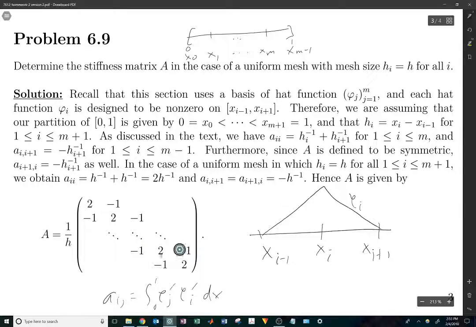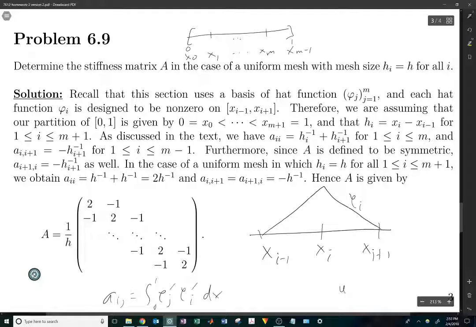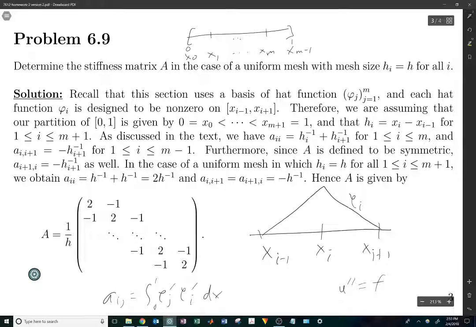The other neat thing to realize is that if you build a finite difference method to solve the Poisson equation, second derivative of u equals f, like you'd read about in LeVeque, in the second chapter, then you make a matrix A that represents your approximation, and the typical second order approximation matrix A is this same thing, but you're dividing by h squared instead of h.